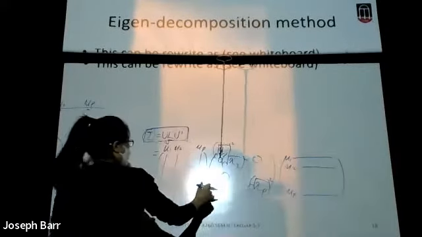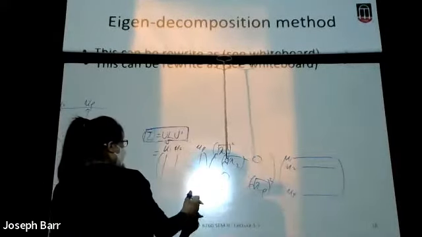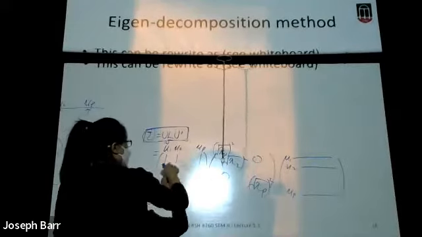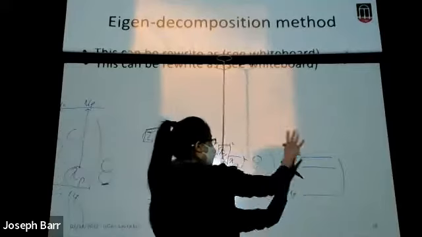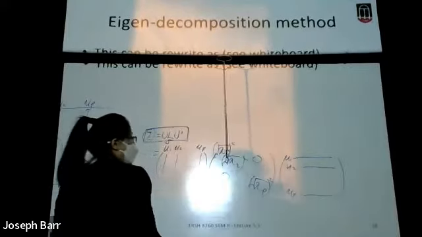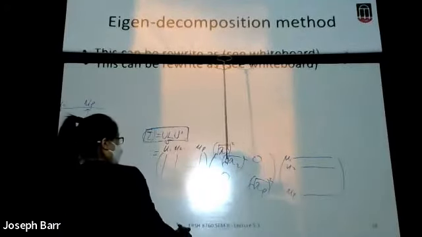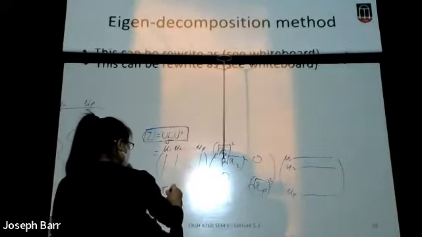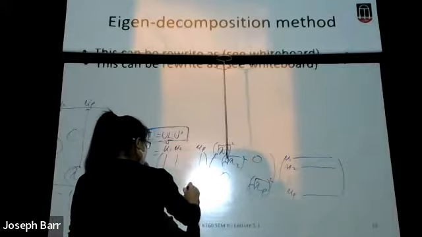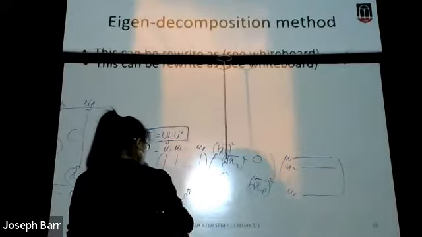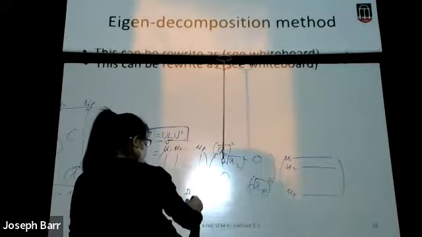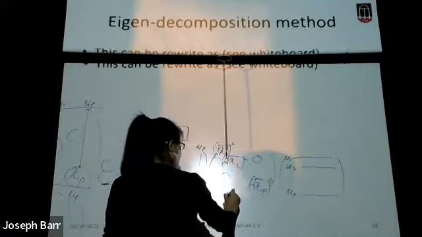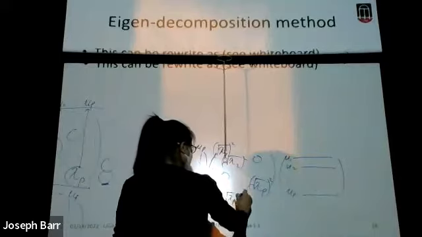We combine the first square root of lambda to U and the second square root of lambda to the right side. We can have square root of lambda 1, U1, square root of lambda 2, U2. So all of these are transformed, and we can have lambda P, UP.